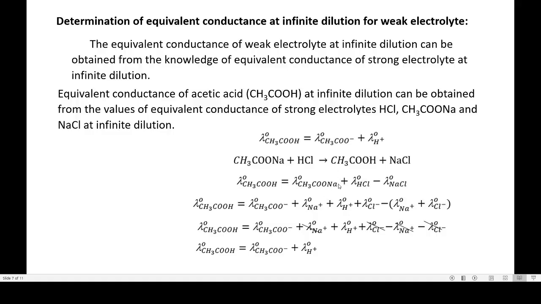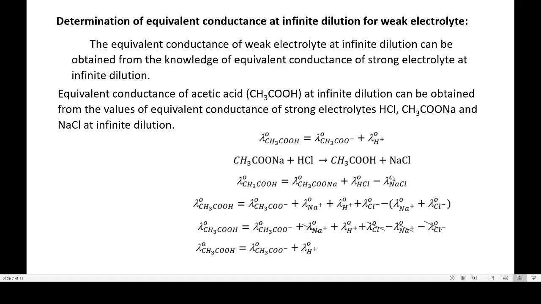So applying Kohlrausch law, this will be equal to the ionic conductance of acetate ion at infinite dilution plus ionic conductance of sodium ion, and for HCl, ionic conductance of H plus ion plus ionic conductance of chloride ion at infinite dilution.